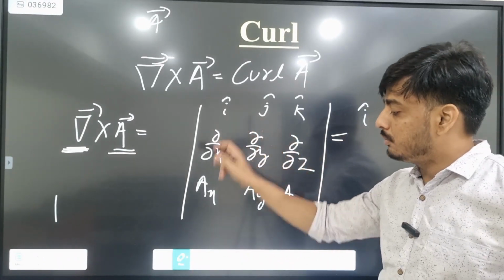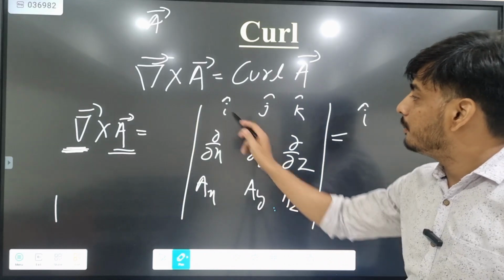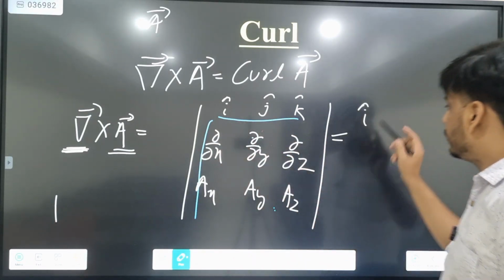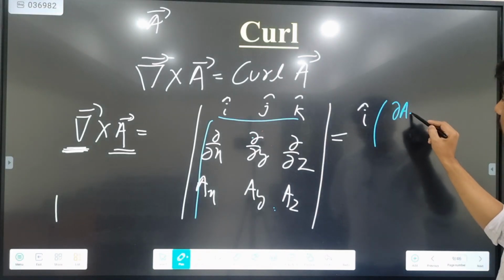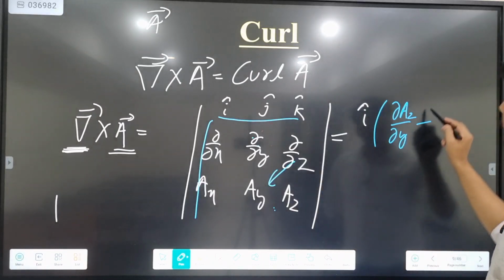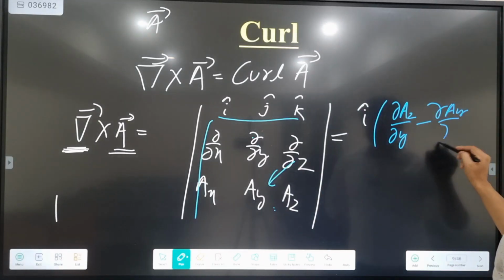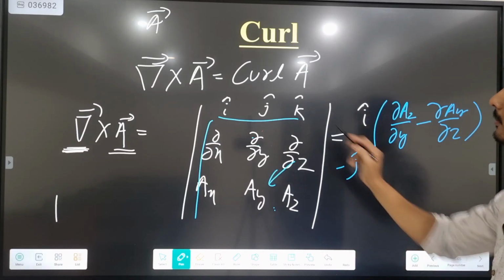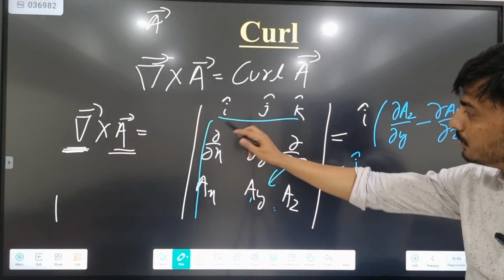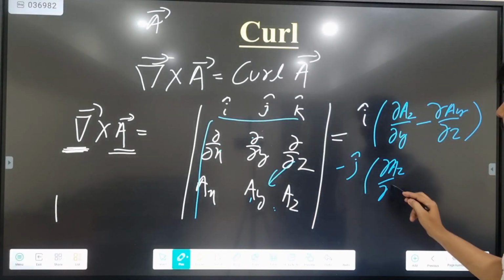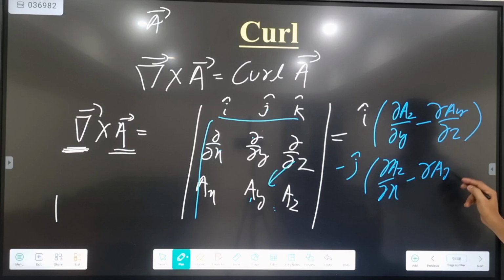For i cap, we have to omit its row and column, and take the product of these two: in brackets you write del Az by del y minus the cross product of the other two, del Ay by del z. This is our first term. Then second, minus j cap, where we remove this one: del Az by del x minus del Ax by del z.